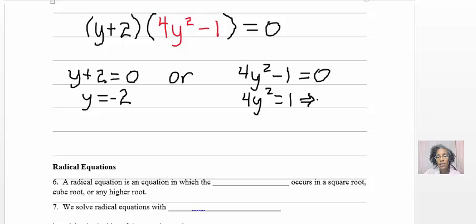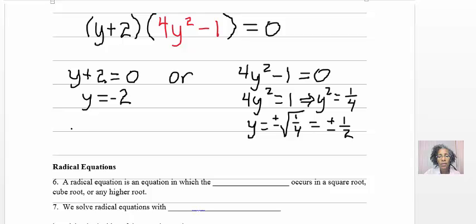So that means y squared is 1/4. And that would mean y is plus or minus the square root of 1/4, which is plus or minus 1/2.